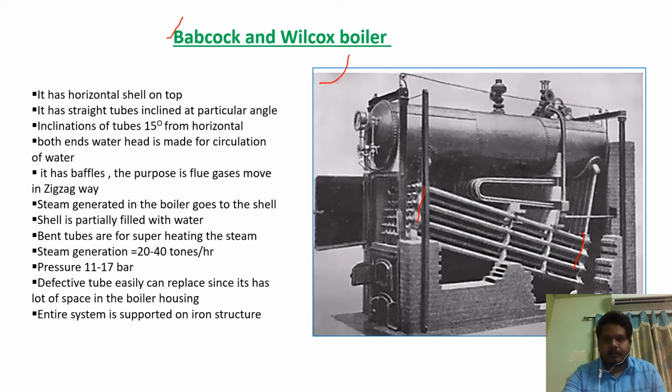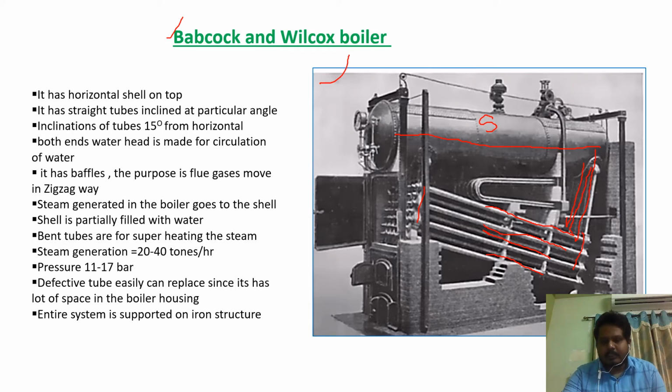As we know, like other water tube boilers, here also the shell is partially filled with water. The bottom half is filled with water, and in the remaining half there will be steam. So the water from the shell will enter into the water tubes. Through these tubes it will flow like this inside the water tubes. Here also there will be a grate.